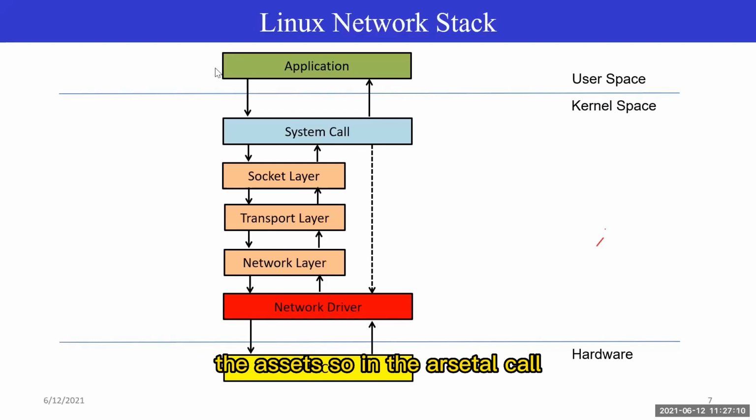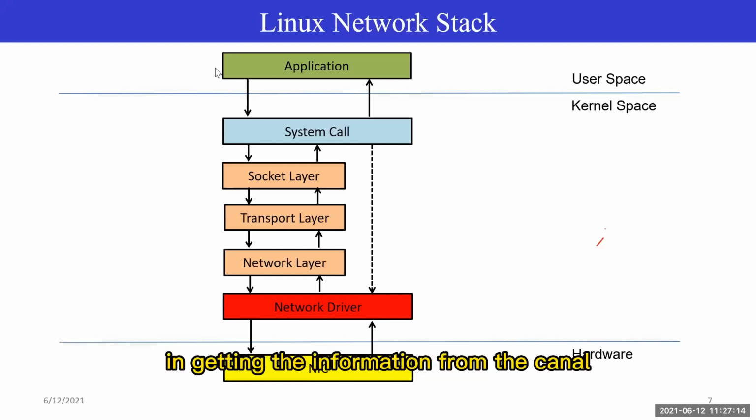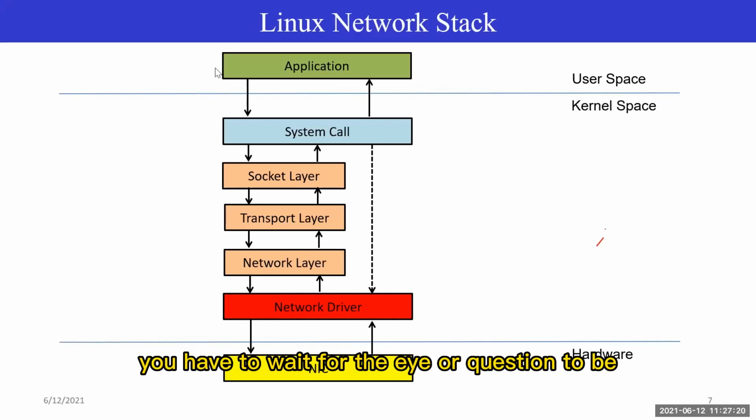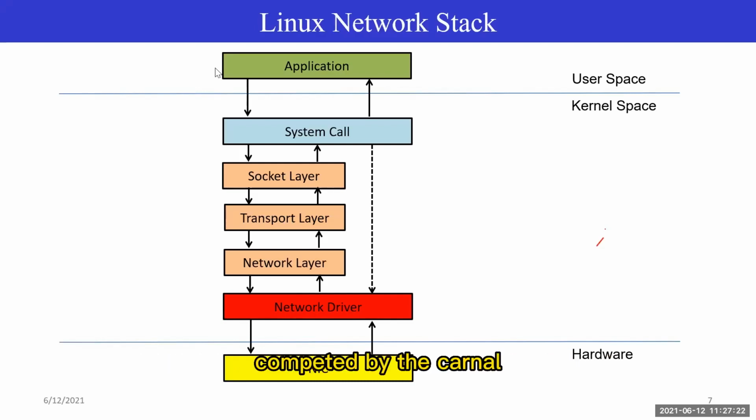In the IOCTL call, when you are calling the IOCTL, you are very much busy getting the information from the kernel. You are not allowed to do anything else. You have to wait for the IO operation to be completed by the kernel, get the information, and then proceed further. But on the other hand, in the Netlink socket, you can call the API, but you can do other work also through the select call or some non-blocking socket API.